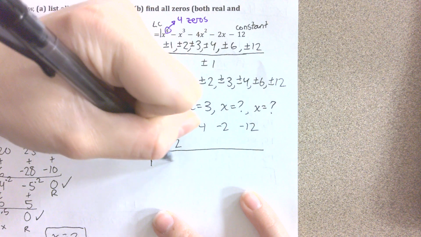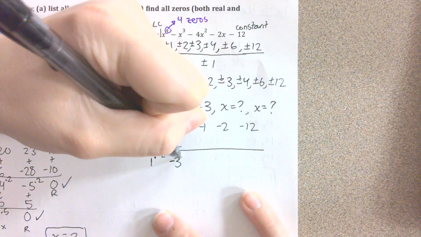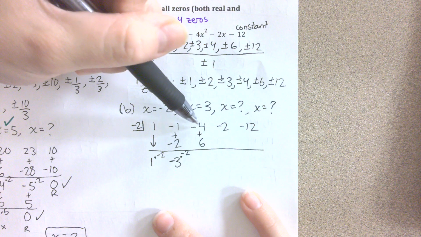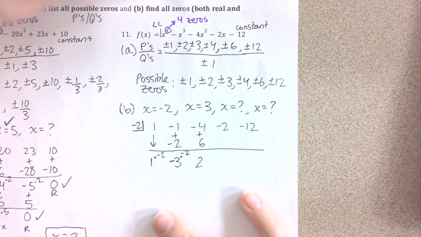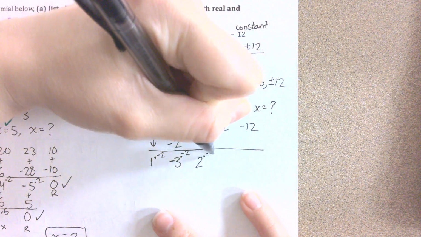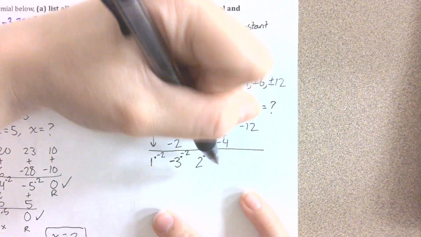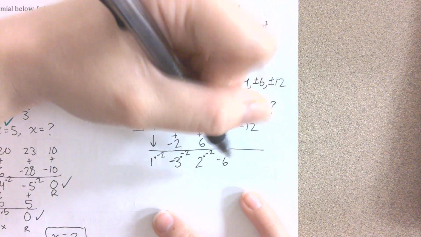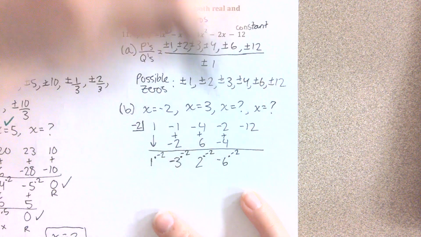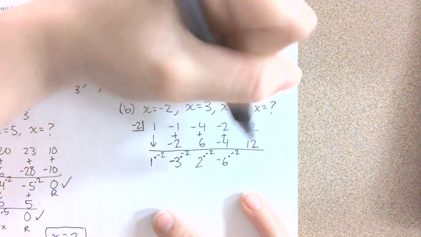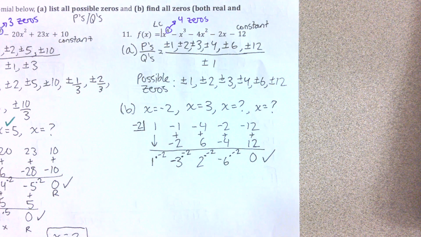Negative 1 and negative 2 is negative 3. Times negative 2 is positive 6. Negative 4 plus 6 is positive 2. Times negative 2 is negative 4. Negative 2 plus negative 4 is negative 6. And lastly, negative 6 times negative 2 is positive 12. And when we add that, we get 0 like we're supposed to.